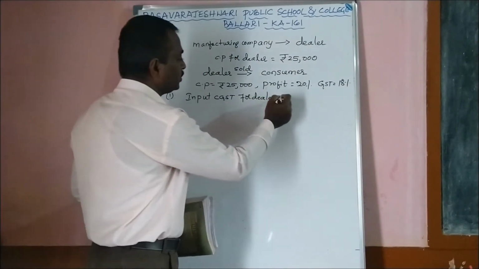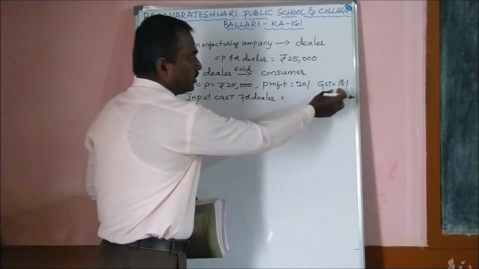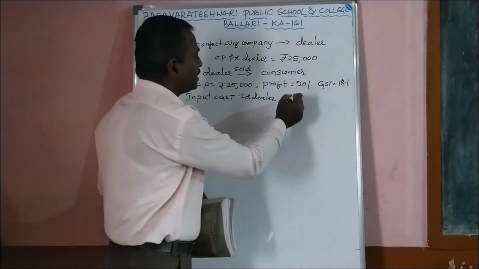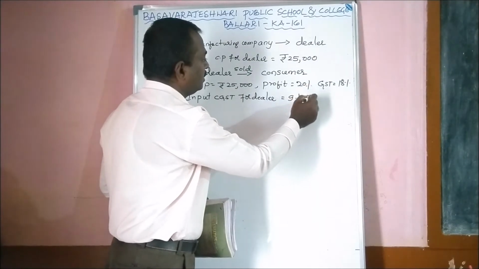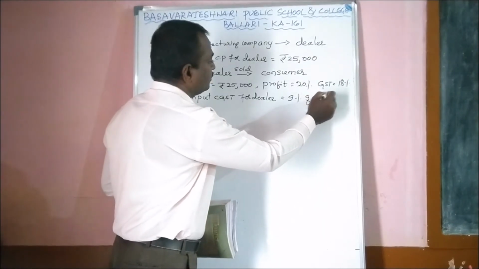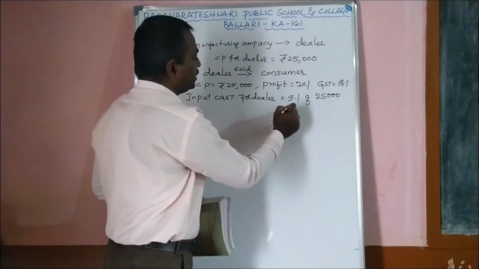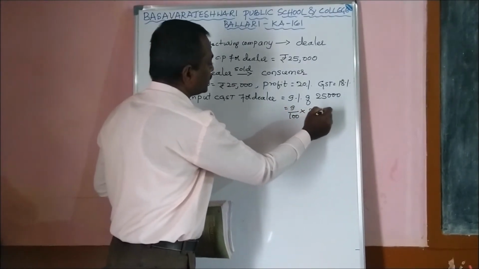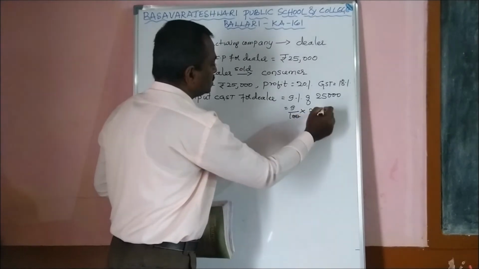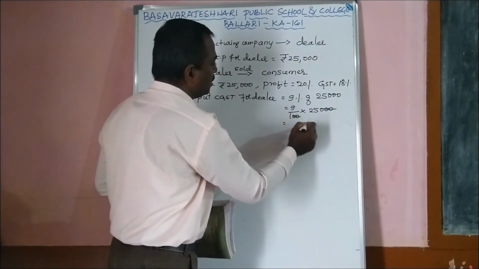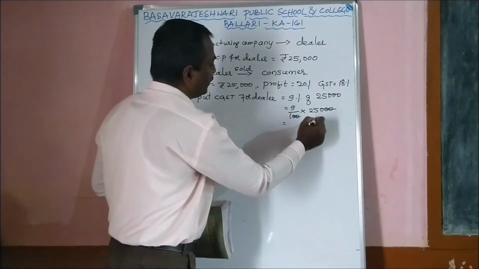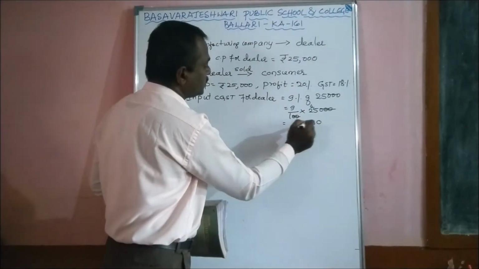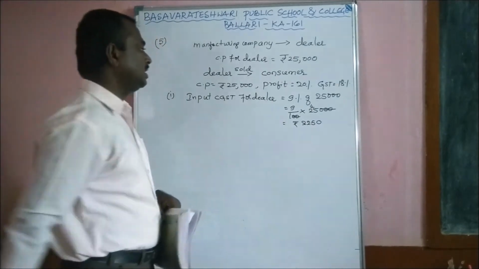So what is input CGST for dealer? You have to take 9% of 25,000. That is 9 by 100 into 25,000. 2 zeros cancel. 9 5s are 45, 9 twos are 18 plus 4, 22. 2,250.